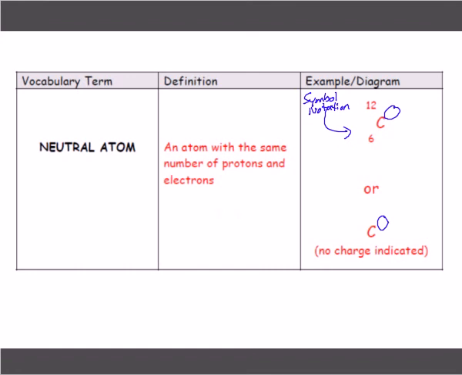They're both called symbol notation, actually. Two different ways you can write it. There's also another one called hyphen notation, where if we were going to write that first carbon in hyphen notation, we would write it like this. They mean the same thing. They show us the same thing.